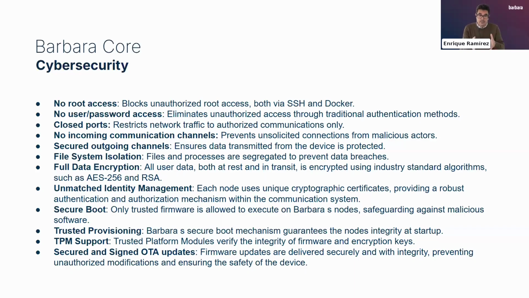And doing it, we only need to use very few ports, and always in the outgoing way. That makes everything easier when we have to deal with the IT requirements to convince them to use the Barbara node, because we are hardened, as we mentioned before, and we are safe to use.